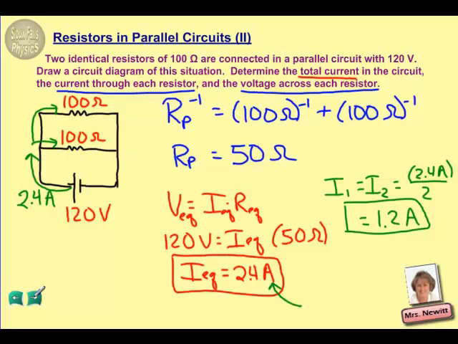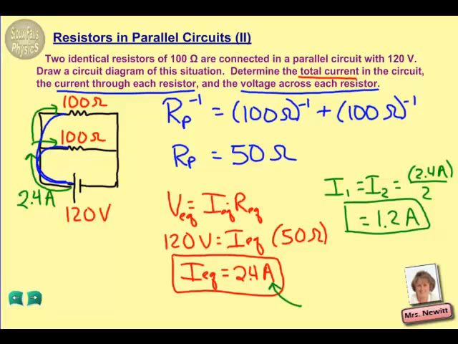The last piece of information is the voltage across each resistor. And this is more of a known fact for parallel. It's not really a calculation. In the case of a parallel circuit, each resistor has a direct connection to the positive and negative terminals. So if we look at this resistor here, it's directly connected to the terminals. There's no other resistors in the way.